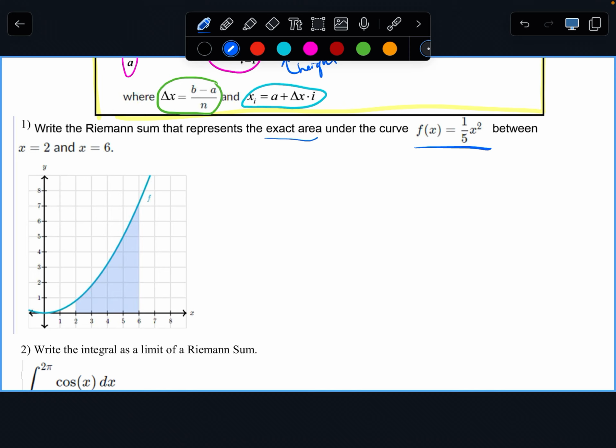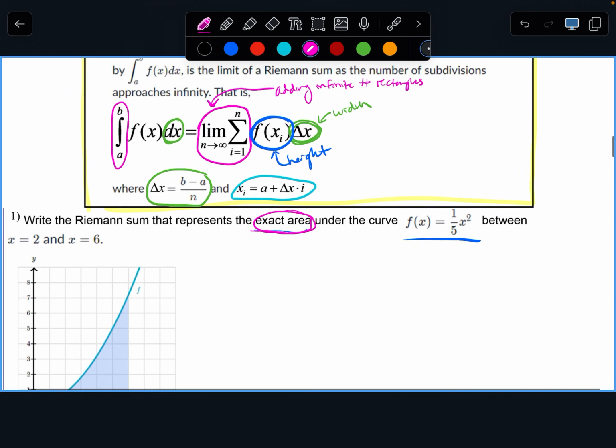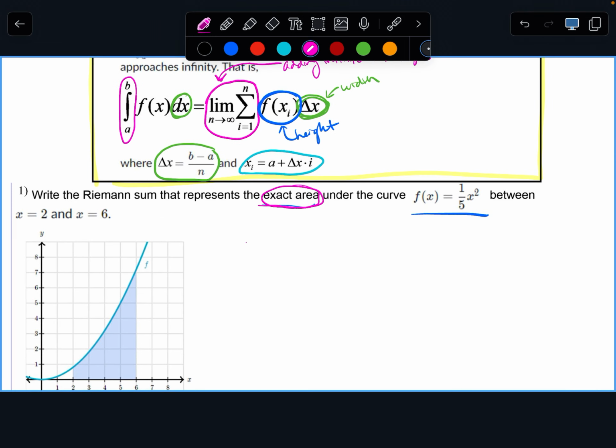So if I want a Riemann sum that represents exact area, what that means is I'm going to say the limit as n goes to infinity, I'm going to do an infinite amount of rectangles, i equals 1 to k. I'm using i just to be consistent with the other one. So this is the exact area. So this is the first part. That's what I do.